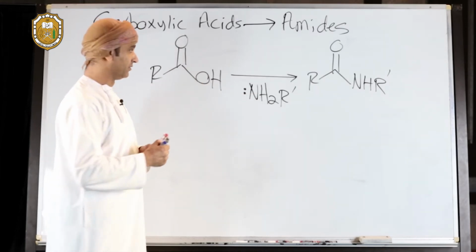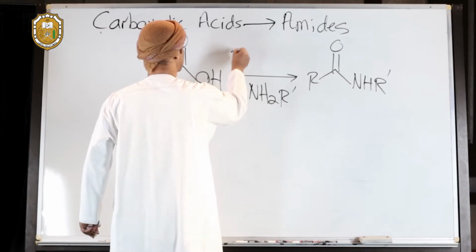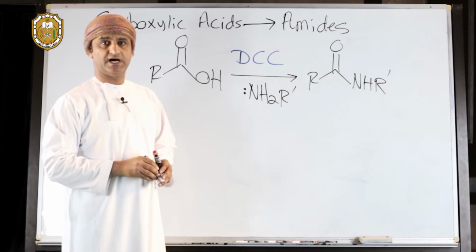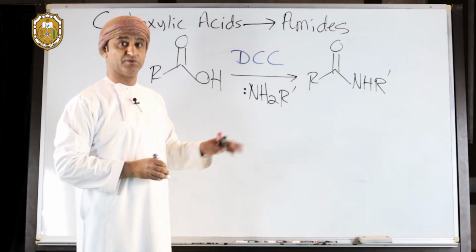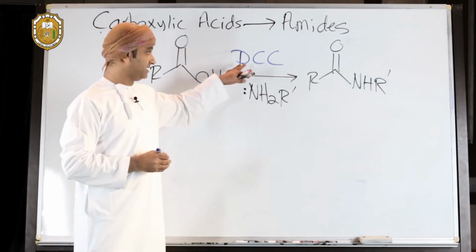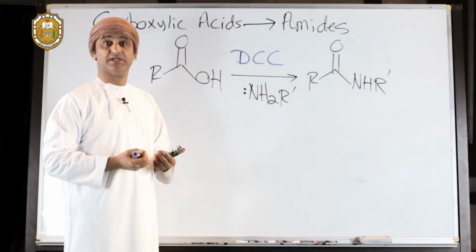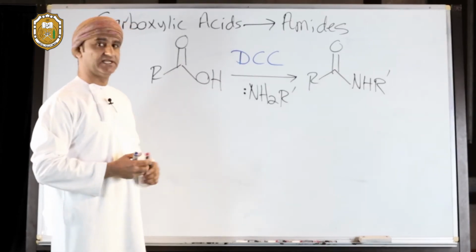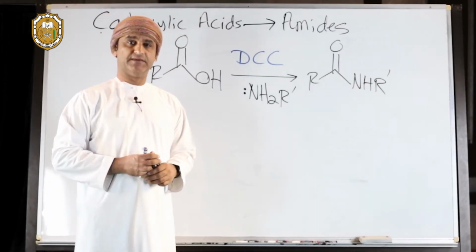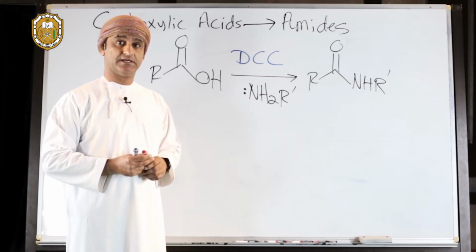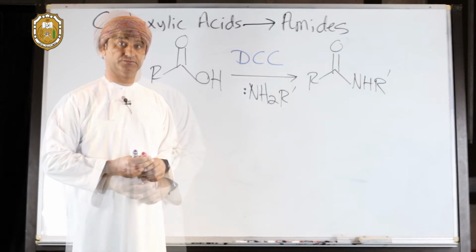So another reagent is actually used, and that is DCC, dicyclohexyl carbodiimide. We will draw the structure of DCC. This DCC acts as a coupling reagent to activate carboxylic acids and facilitate the attack of the amine in a subsequent step. We will see this mechanistically very soon.